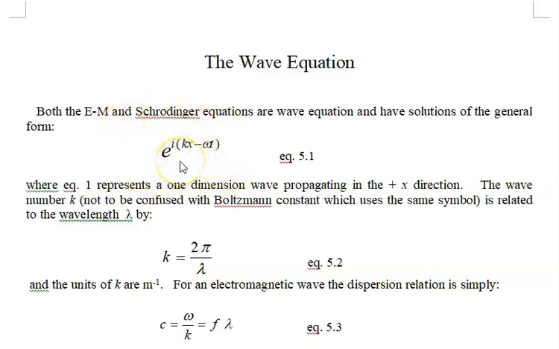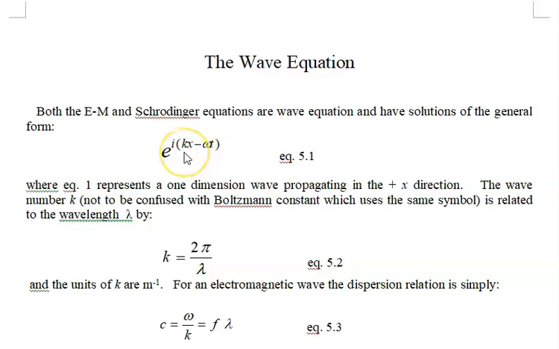Now, this is the kind of quintessential solution of the wave equation in one dimension. i is the square root of -1, the imaginary number. We know that the power and the exponential must be unitless, so the units of k must be 1 over distance. The units of omega must be 1 over time.